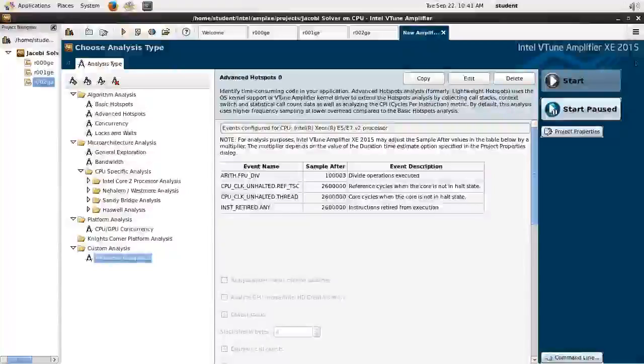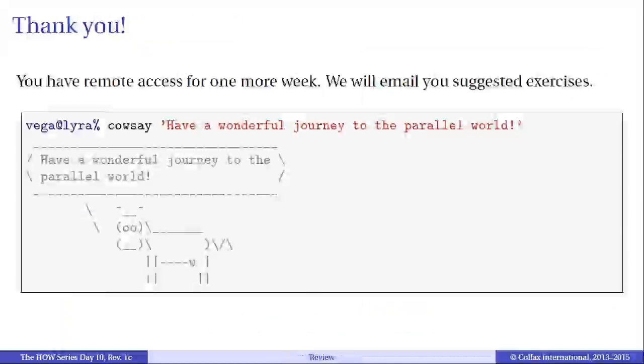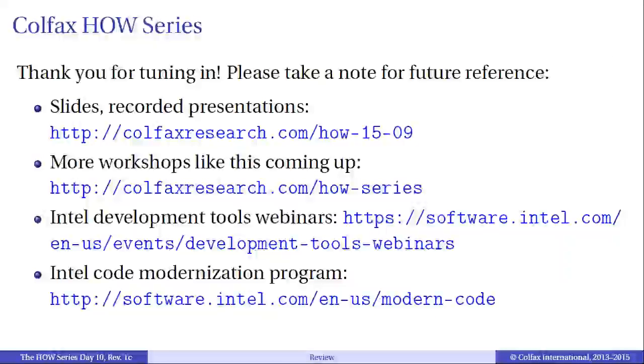To see exactly what you could do with it, there are resources which I mentioned in my slides. This is a link to development tool webinars. I hope that there, if you're interested, you can find information about the advanced metrics and how you can interpret them. Especially for the Xeon Phi, this used to be important.